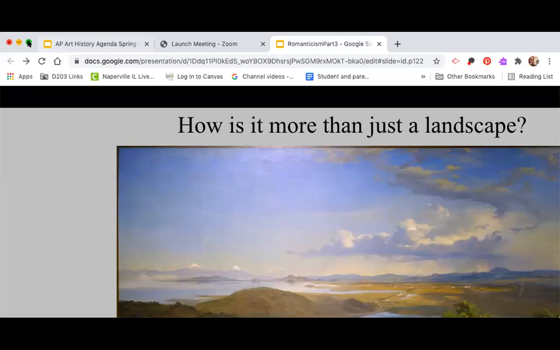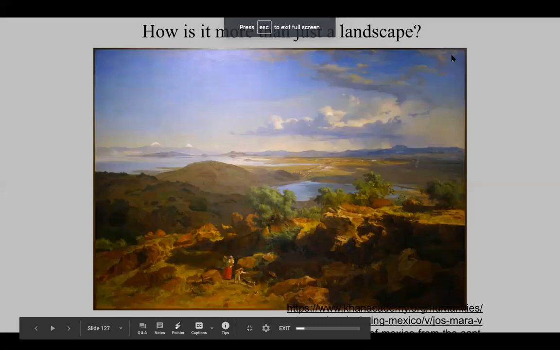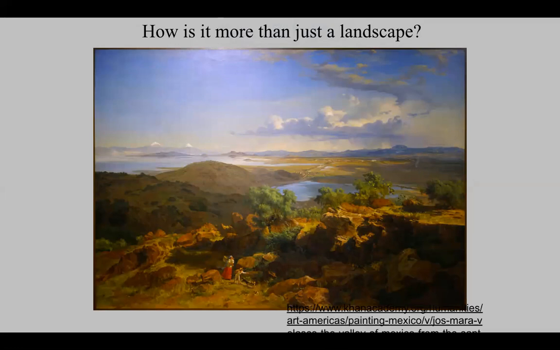Okay, so the last statement that she just made is probably one of the most important, right? And maybe a really core answer to how it's more than just a landscape, right? It's a symbol of national pride, right?